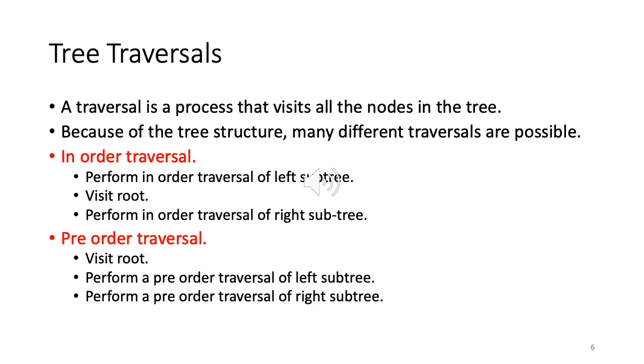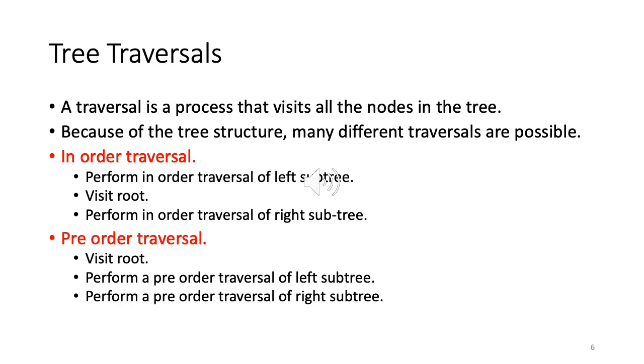Because of the tree structure, many different traversals are possible, many ways in which you can visit all the nodes. We'll discuss three different ways. First is an in-order traversal.